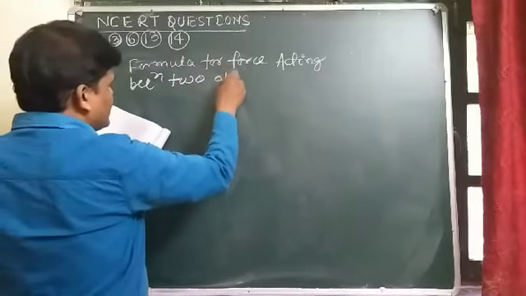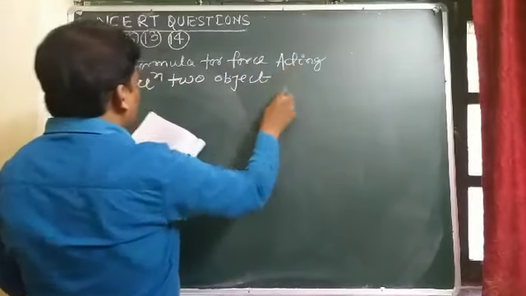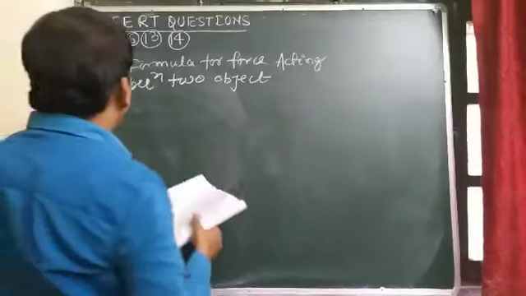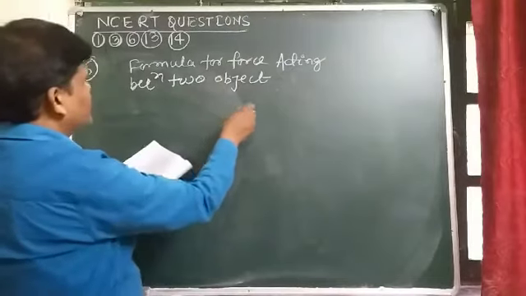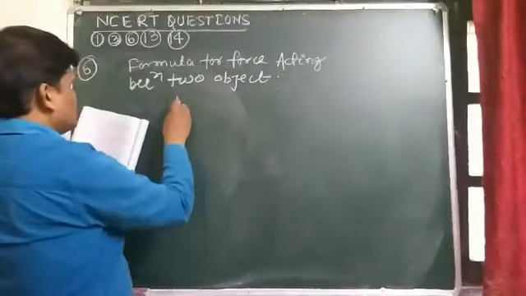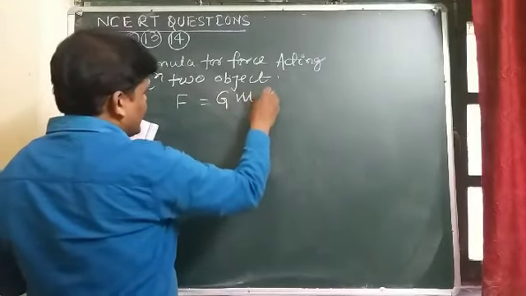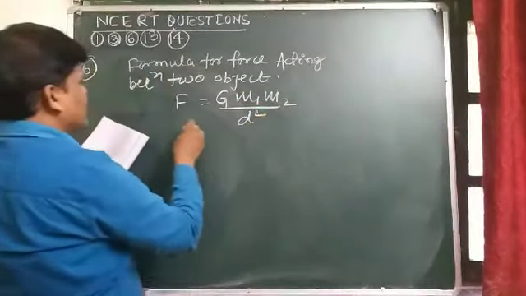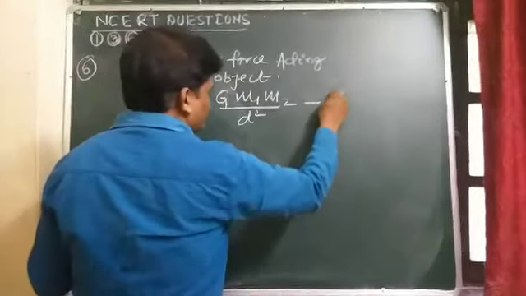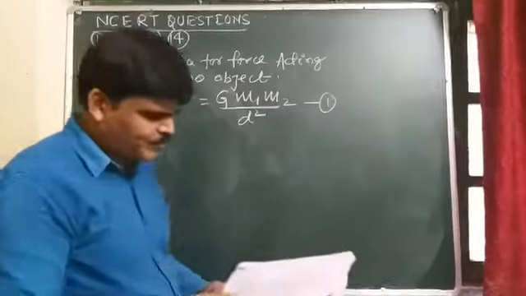If one object has mass m1 and another has mass m2, then the formula for force acting between the two objects is F equal to G m1 m2 by d square. This is equation 1. And student, now the question starts.